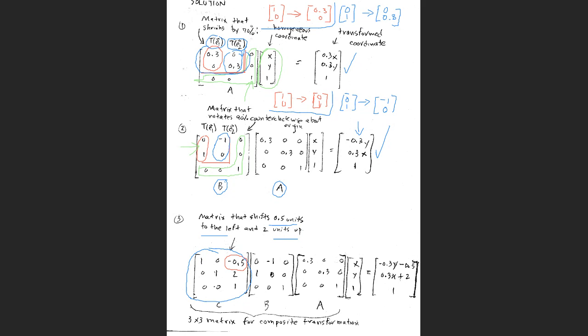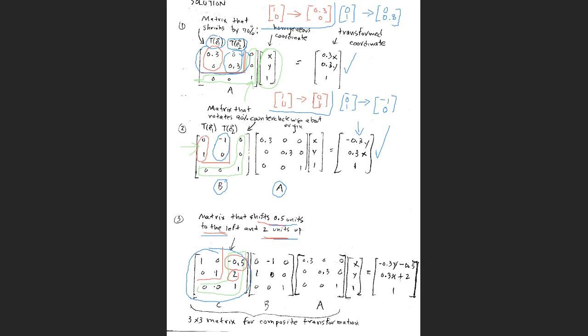Notice this part here is just the identity matrix, the 2 by 2 portion. But the rim of the matrix is now not going to be what it was for the previous 2 transformations. We have a negative 0.5 here, which corresponds to shifting 1/2 unit to the left. And then we have a positive 2 here, which corresponds to shifting 2 units up.